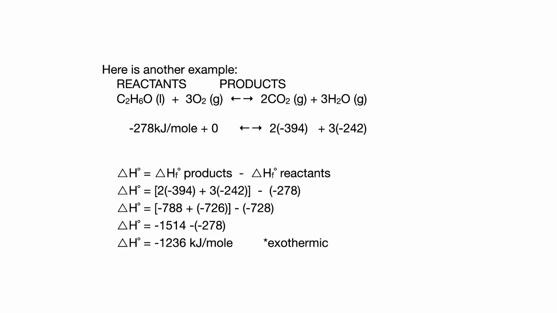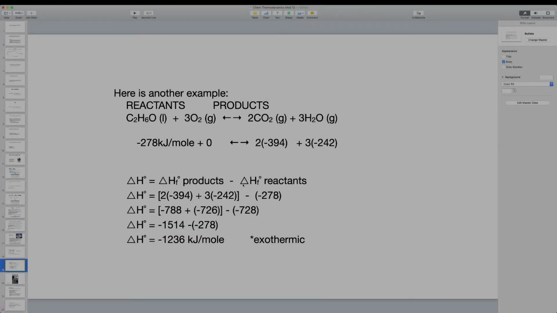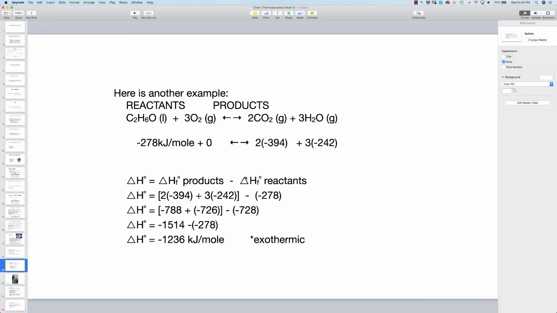All right, another example. We've got C2H6O in a liquid state, oxygen in its natural elemental state, CO2 in a gas phase, and water in a gas phase. Again, we would go to our chart.